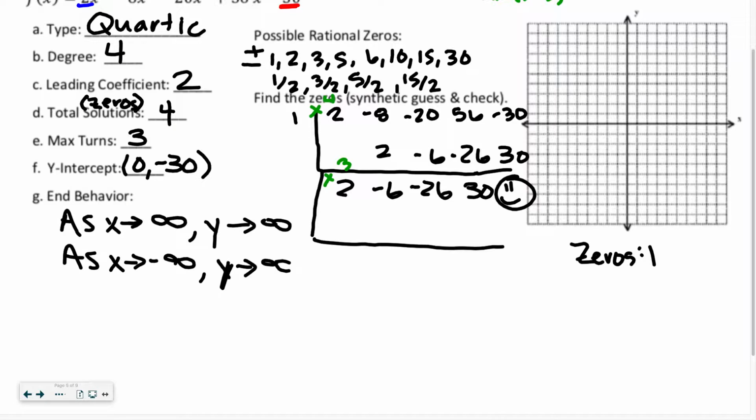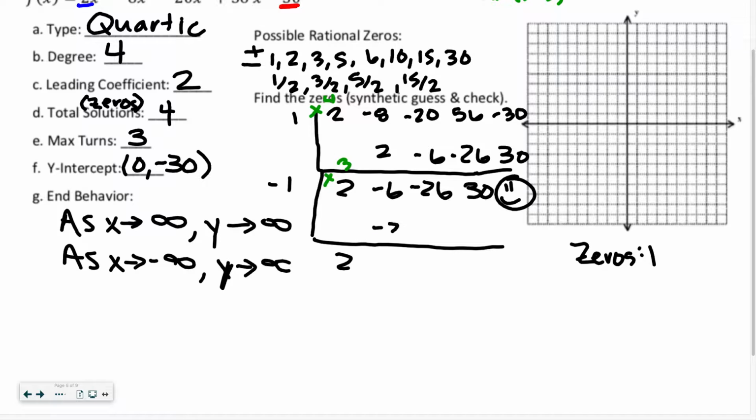What else do you want to try? We've checked 1, 2, 3. Maybe we could check 1/2. I'm thinking about negative something. Let's try negative 1. Don't forget that those are like numbers at the front too, right? There's a negative up there.